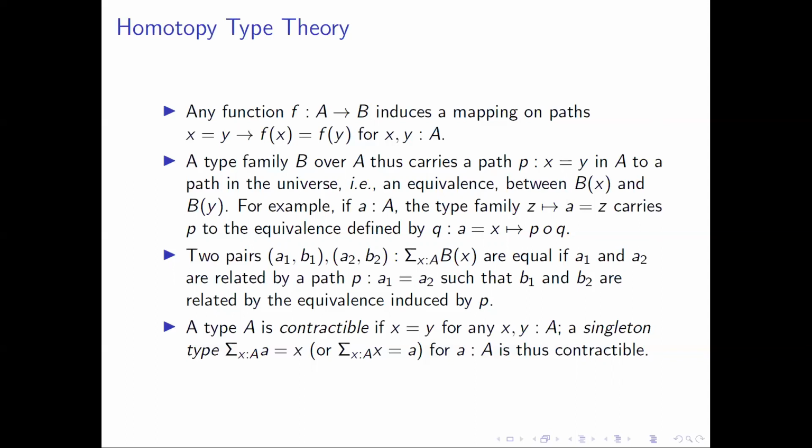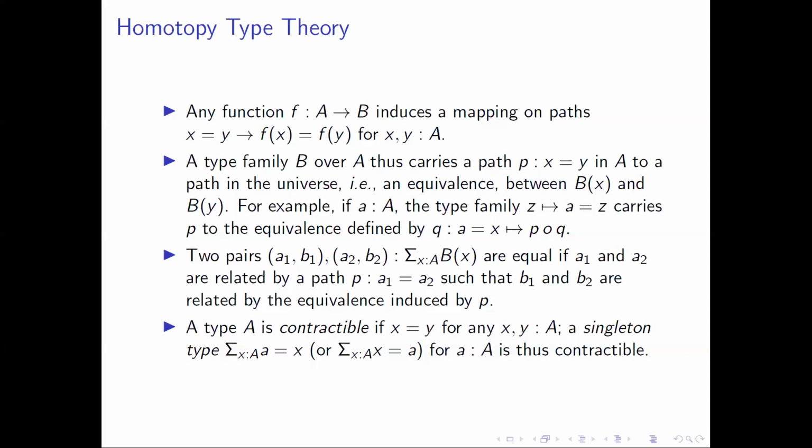So we're also going to need to know when a type is contractible, and this is when it has a particularly trivial structure where any two points are equal. And one instance of a contractible type is the so-called singleton type, which consists, for a fixed point A, of all the points in A that are equal to A together with their proofs.